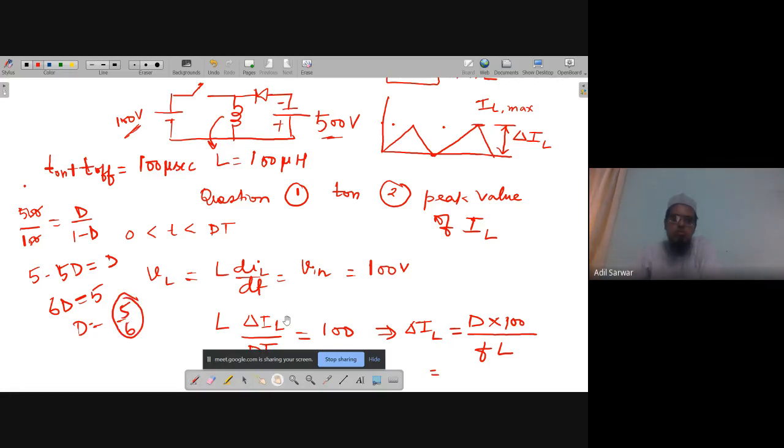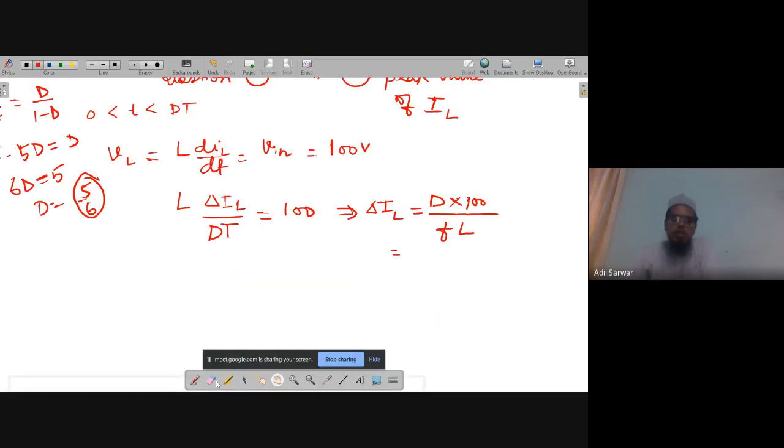So let me use this value of D here. D is 5 by 6 times 100 divided by F, which is given as 10 kilohertz, so 10 into 10 to the power 3, times L. L is given as 100 microhenry, 100 into 10 to the power minus 6.